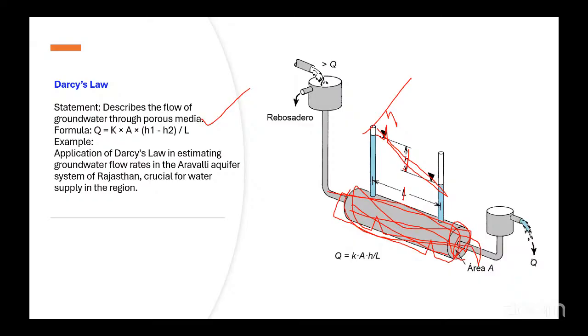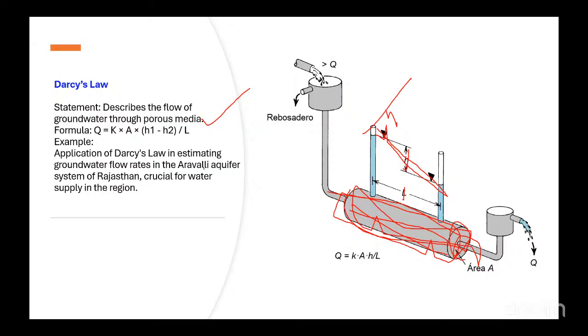So the flow rate of groundwater Q is calculated with the head, length, area, and transmissivity capacity of the given aquifer system. This is called Darcy's law.